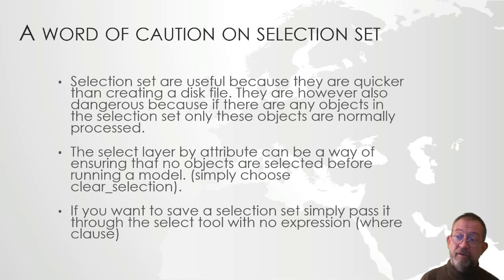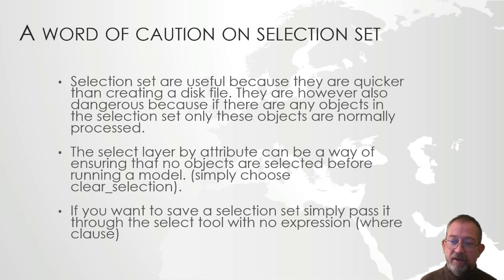This is both a very practical thing and also a very annoying thing, because often one forgets that there was something selected, runs the tools, and the result is not quite what one expected. So be aware that if there is a selection set, the tools will typically only process the selected elements.